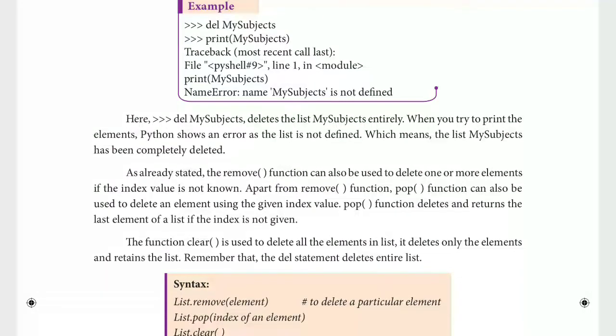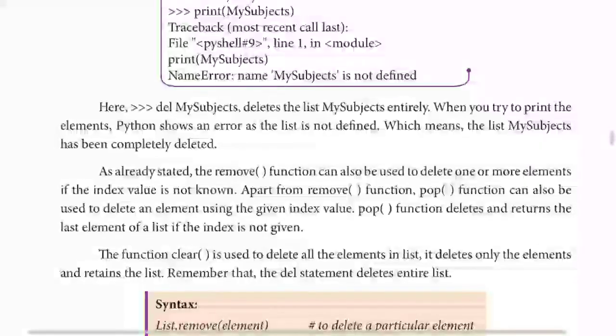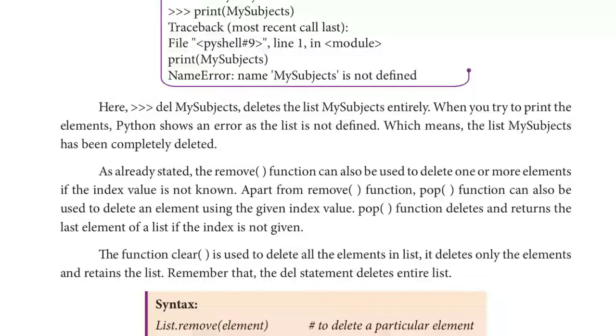So as already stated, the remove function can also be used to delete one or more elements if the index value is not known. Apart from the remove function, the pop function can also be used to delete elements using the given index value. The pop function deletes and returns the last element of the list if the index is not given.